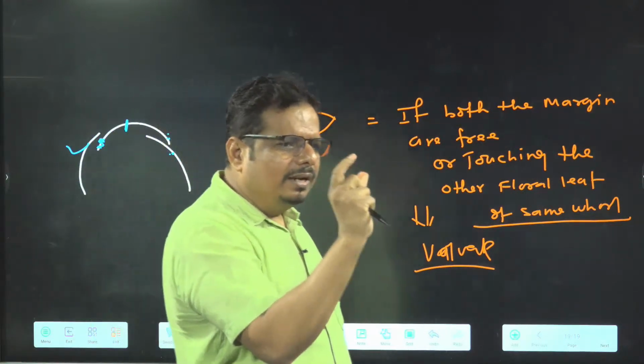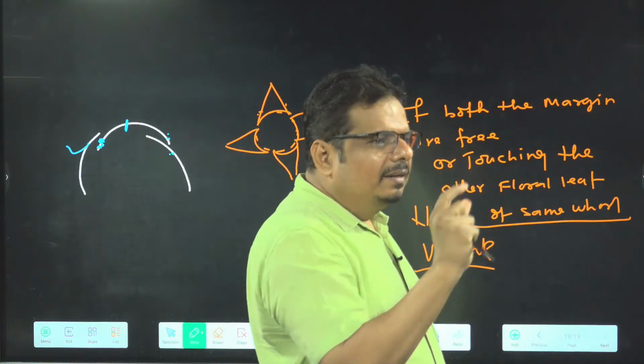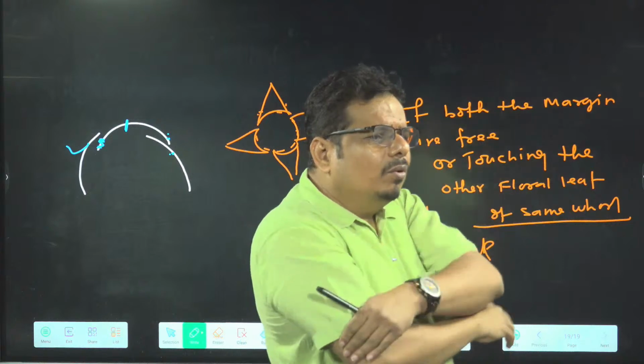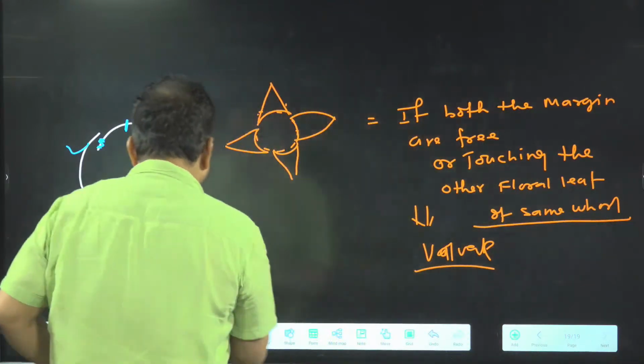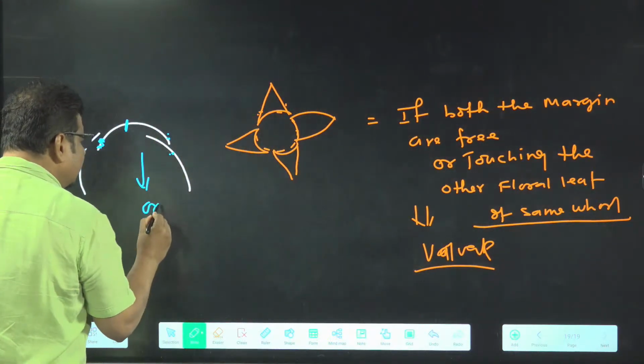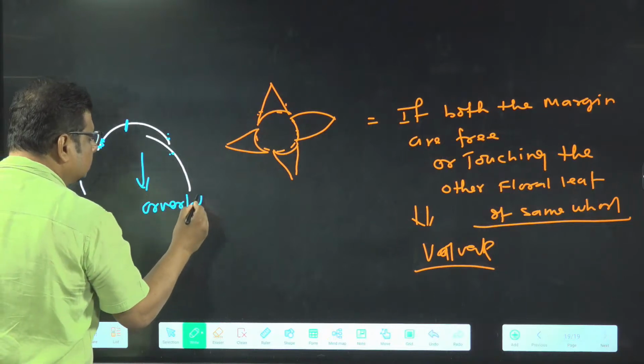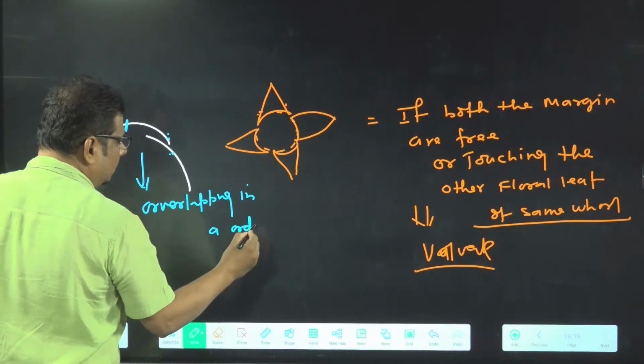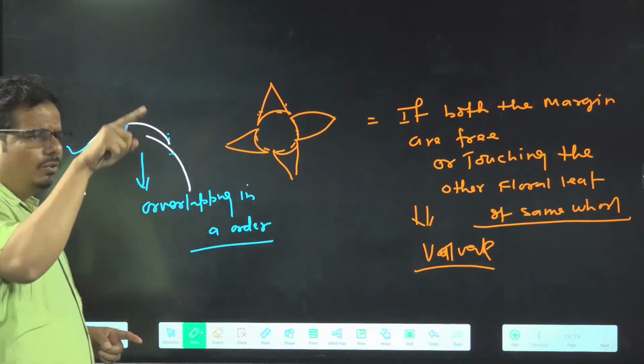So in every floral leaf, one side is overlapped, another side is overlapping. And here you will find overlapping in an order. Every one goes like this.